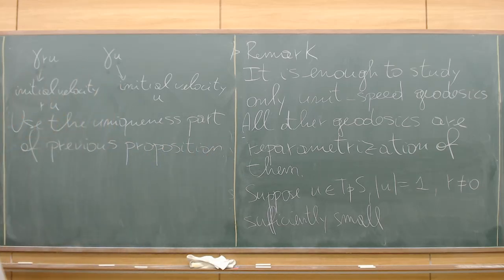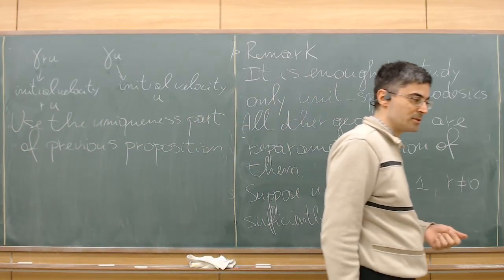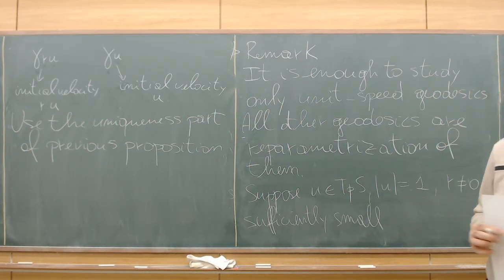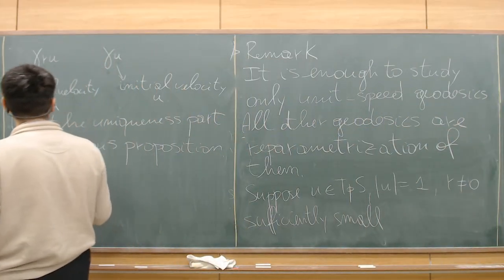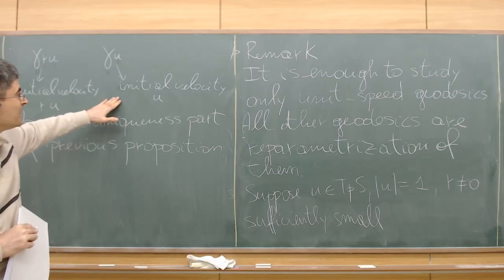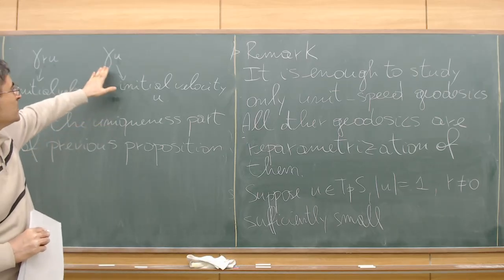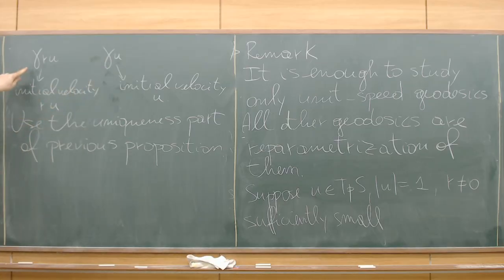In other terms, if I have two curves with the same initial velocity, the same initial point, then they must coincide. Now, which trick can I use in order to modify, for example, the initial velocity of this curve to make it equal to the initial velocity of this other curve?